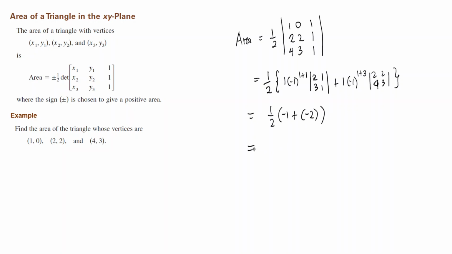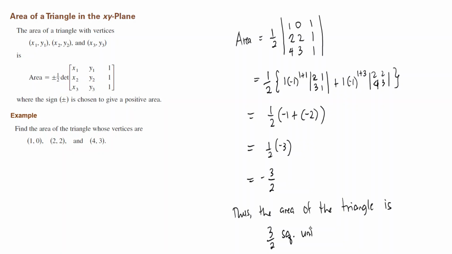Okay, so that is equal to 1/2 times negative 3, which is equal to negative 3 over 2. But then again, since we don't have a negative area, we will multiply this by negative. So therefore, the area of the triangle is 3 over 2 square units.